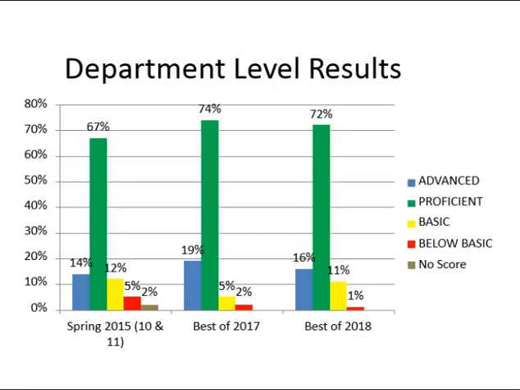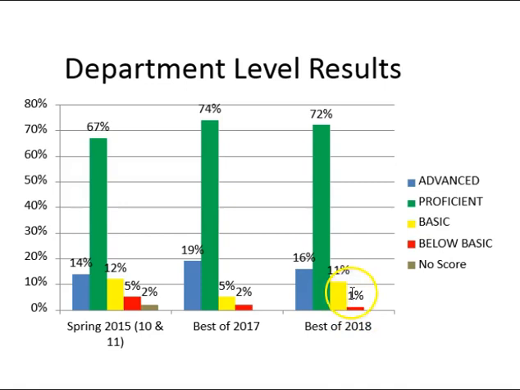Here was just a summary of our Keystone exam results. And you can see, we do pretty well. We've got 88% of our students in 2018 either advanced or proficient. Advanced is the blue, proficient is the green, yellow is our basic, and red is our below basic.